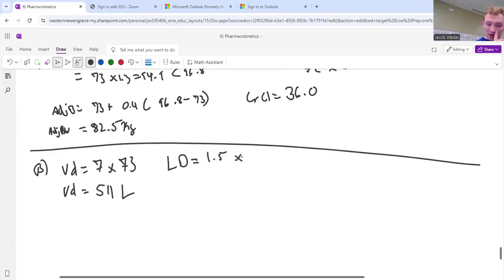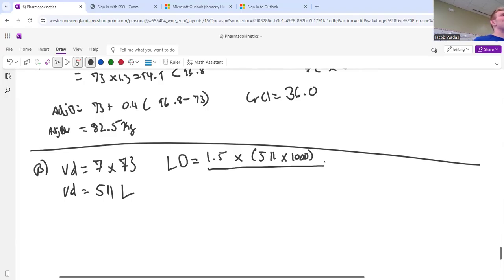And when calculating loading dose, we have to change VD into milliliters. So you have to do 511 times 1,000. Why would you do that? He didn't explain it. I have no idea.